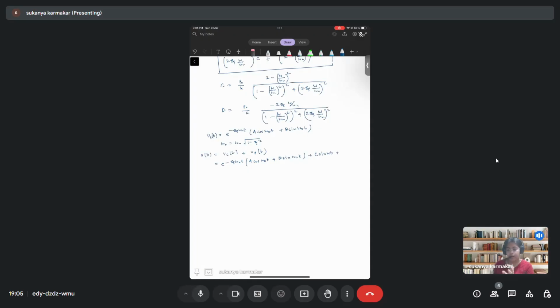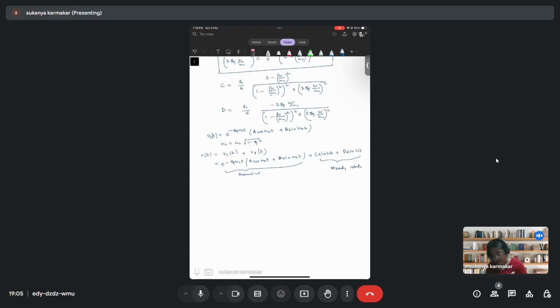First you have a complementary part plus a particular part, where the complementary part is the transient part and this is the steady state part.